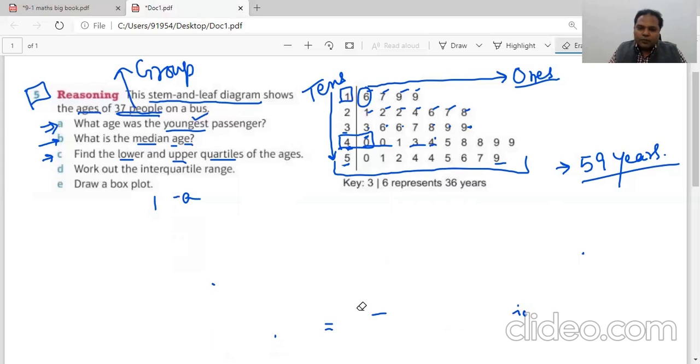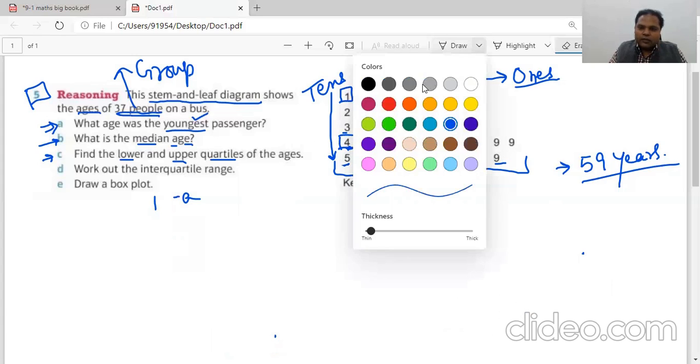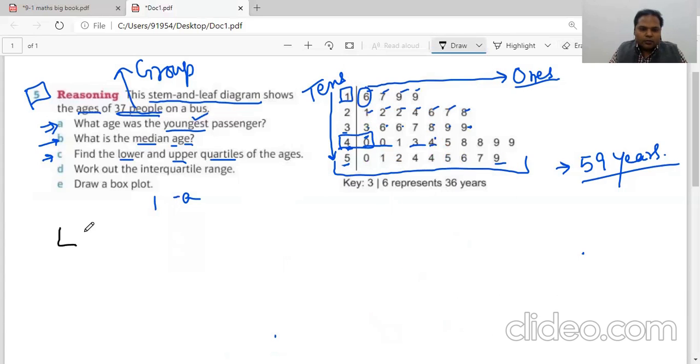As we already know, the lower quartile is equal to n plus 1 over 4 position.